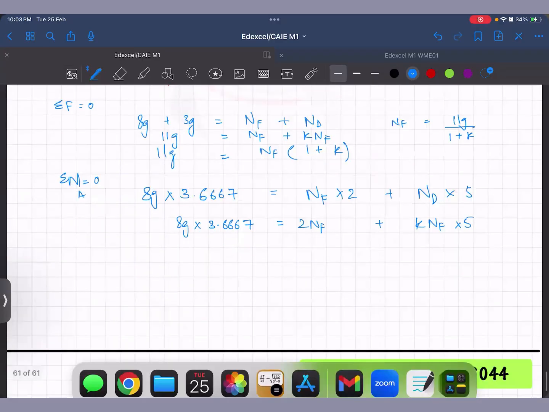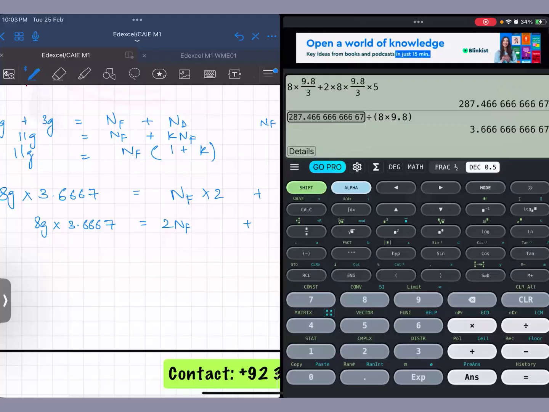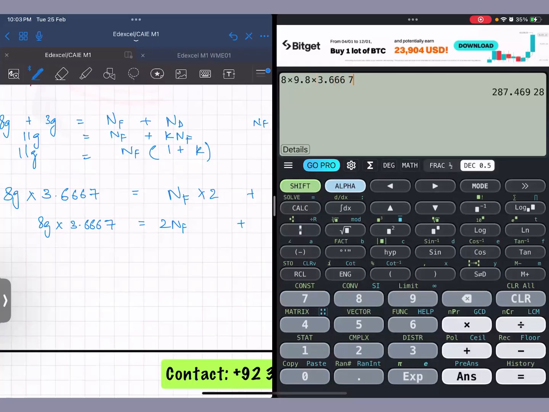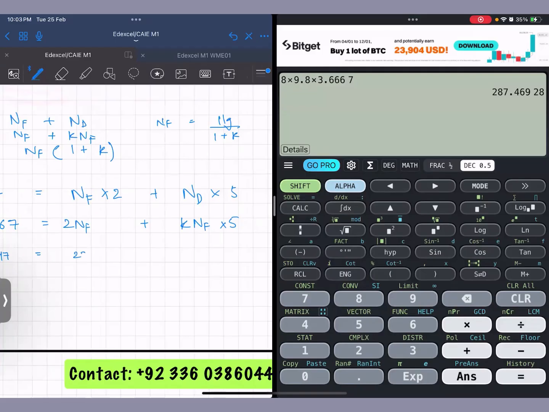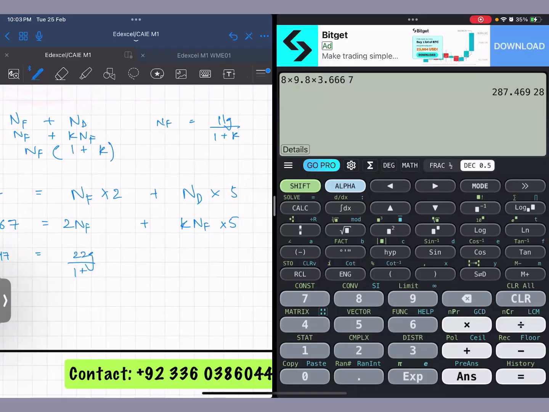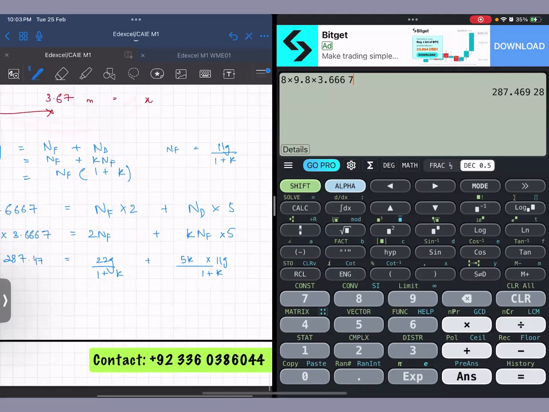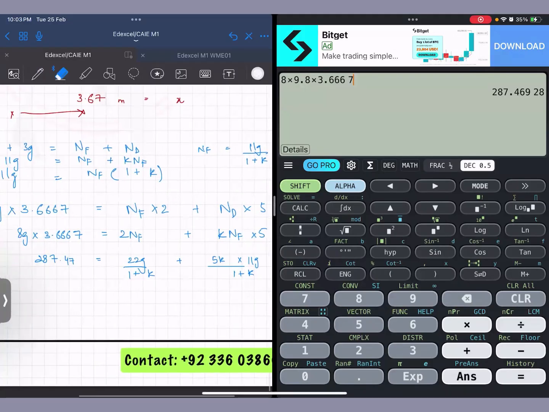So 8 times g times 3.6667, this is 287.47, is equal to 22g upon 1 plus K plus 5K multiplied by 11g upon 1 plus K. 1 plus K can go over there and multiply.